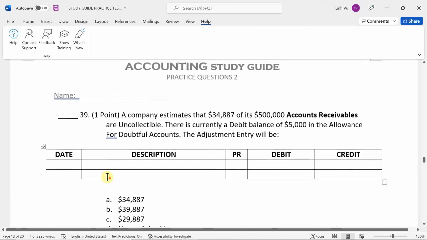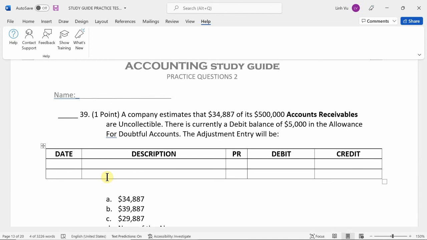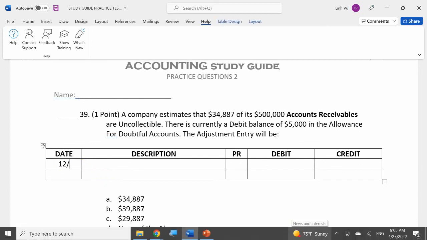All right, question number 39. Okay, if a company estimates that $34,887 of its $500,000 accounts receivable is to be uncollectible, and there is currently a debit balance of $5,000 in the allowance for doubtful accounts, the adjustment entry will be B, 39,887.